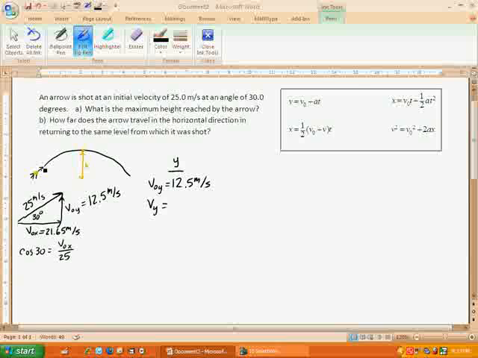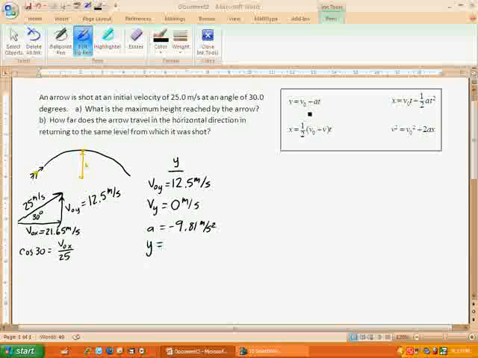So my final velocity in the y direction is 0 meters per second, and my acceleration due to gravity is negative 9.81 meters per second squared. I'm trying to find the maximum height, which is the displacement in the vertical direction.